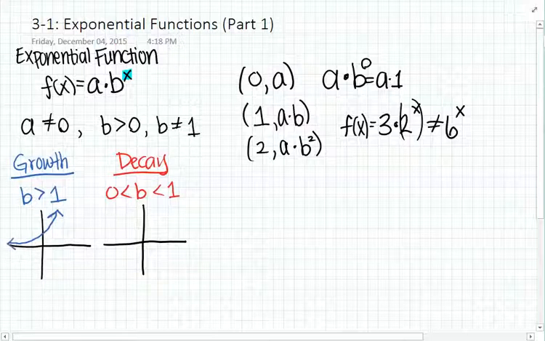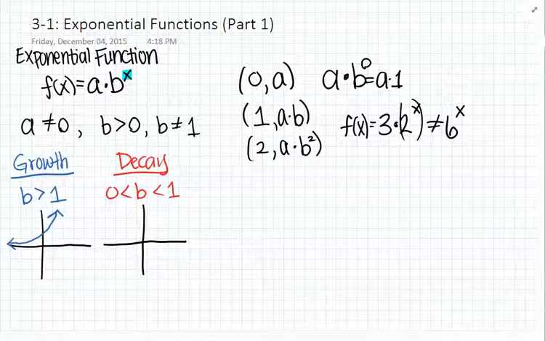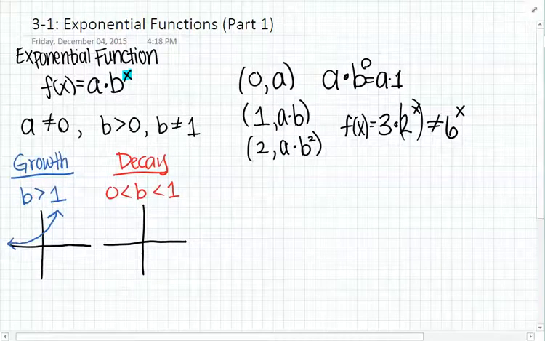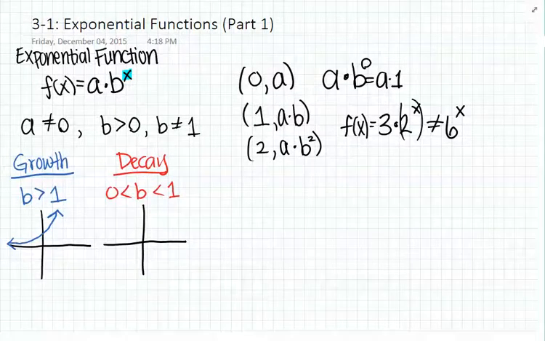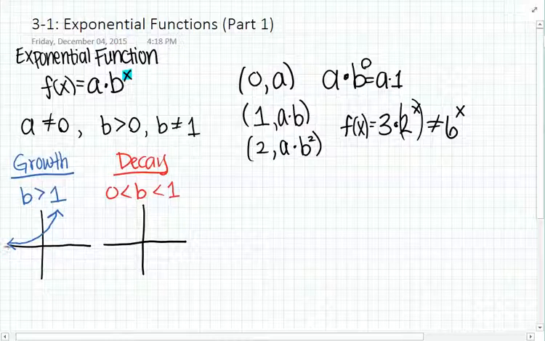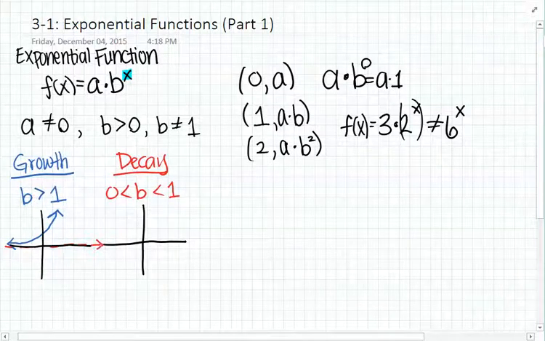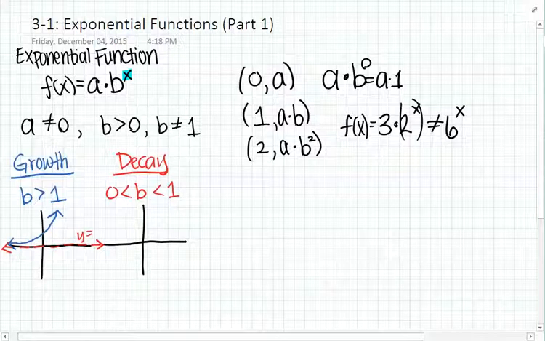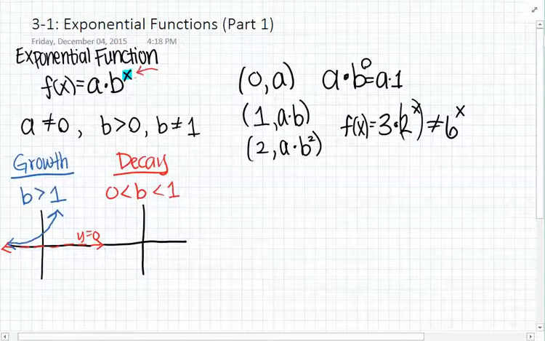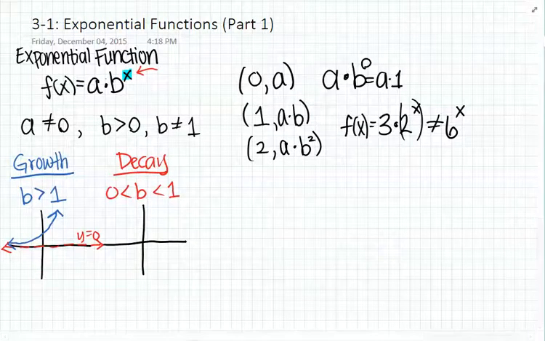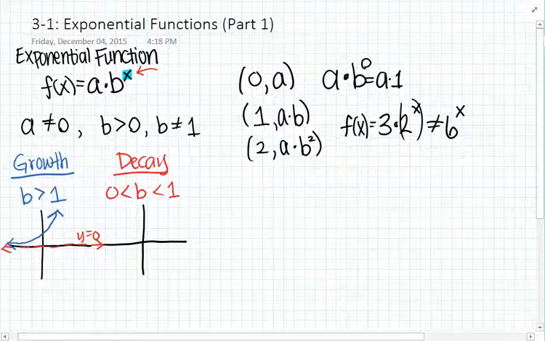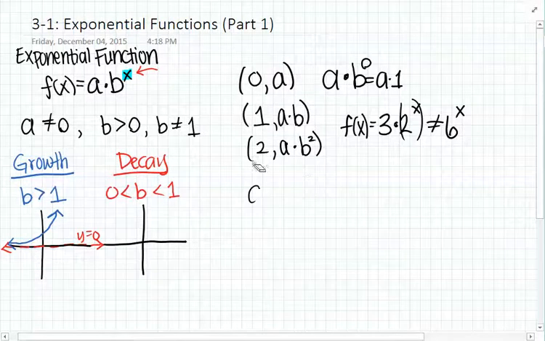Now, another thing that we need to talk about is the fact that these have horizontal asymptotes. And the horizontal asymptote comes in right here. It's the x-axis, or the line y equals 0 is our horizontal asymptote. And that is because there's no value of x that I can plug in here that would give me 0. Right? If I have, let's go back to the 3 times 2 to the x, for example.